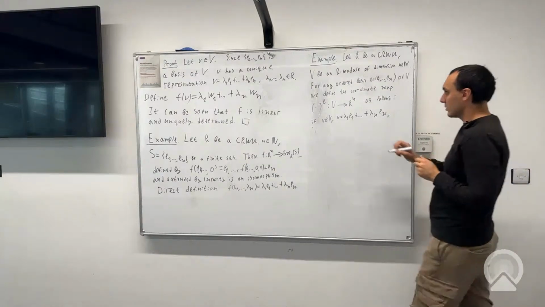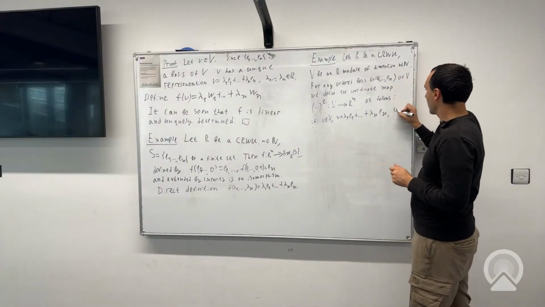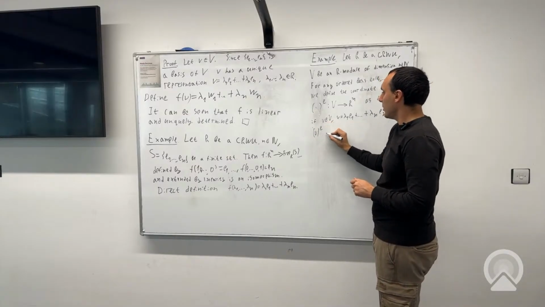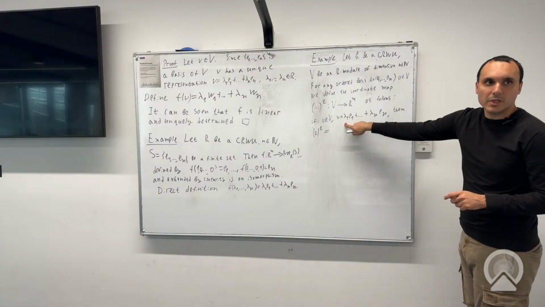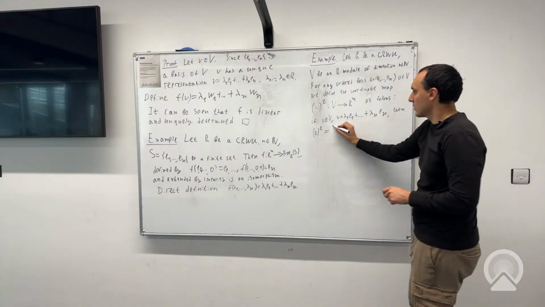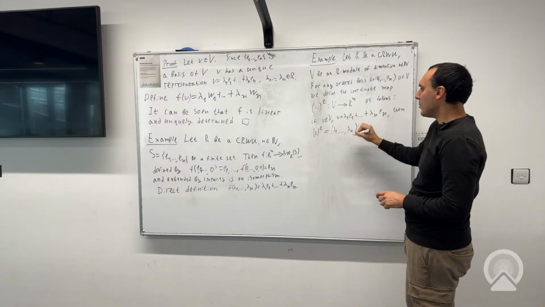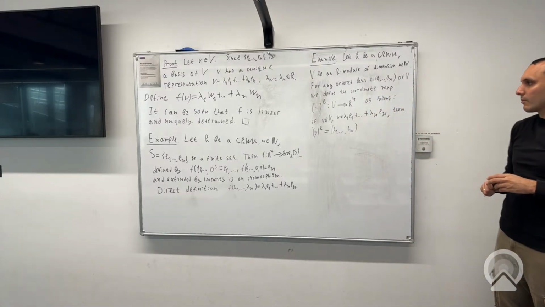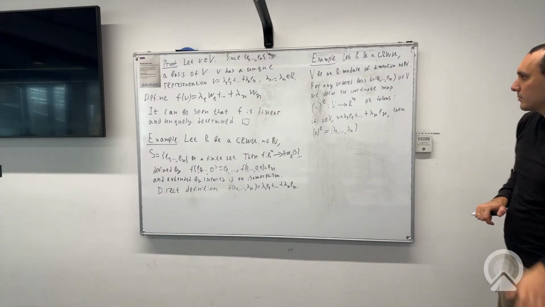Then the coordinates of V in the basis E are lambda 1 to lambda n. May be written as a column vector.